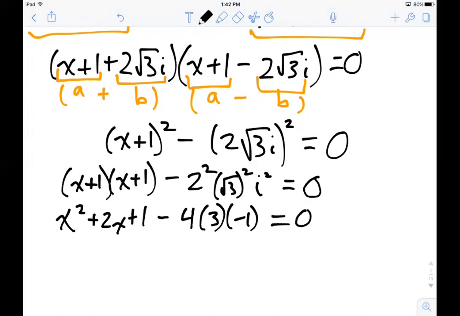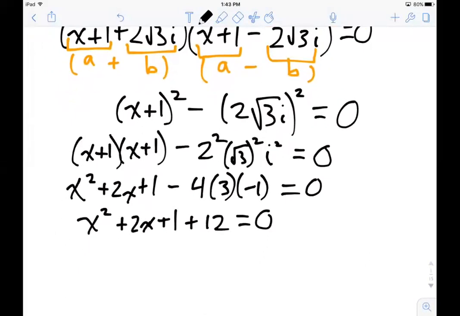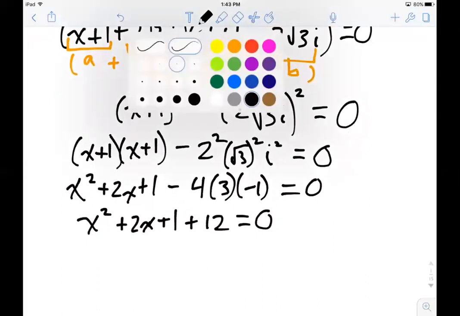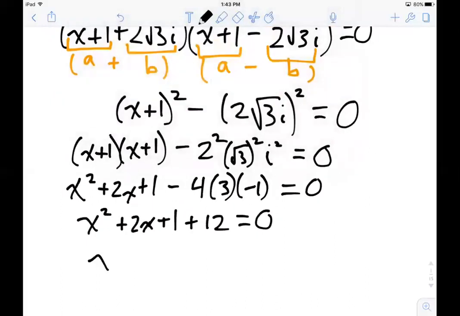And that's all equal to 0. So let's simplify even further. x squared plus 2x plus 1, and now everything else just works out to +12. And then those last two things are just numbers and can be combined together. So x squared plus 2x plus 13 equals 0.